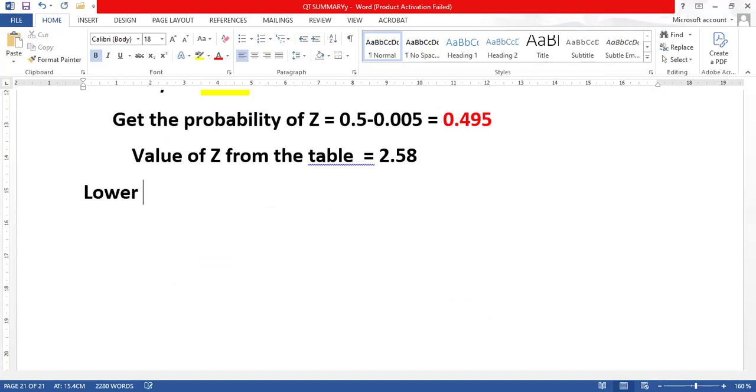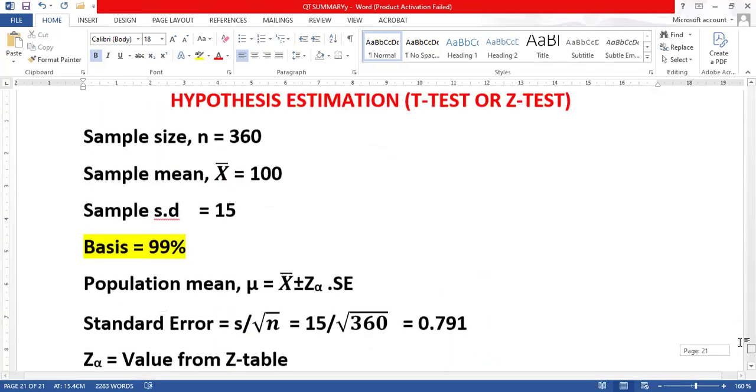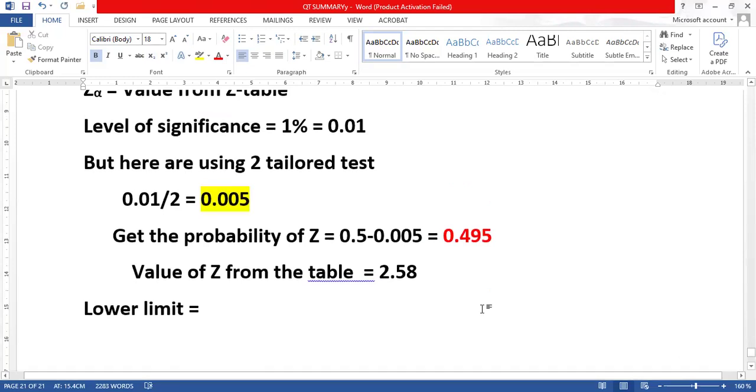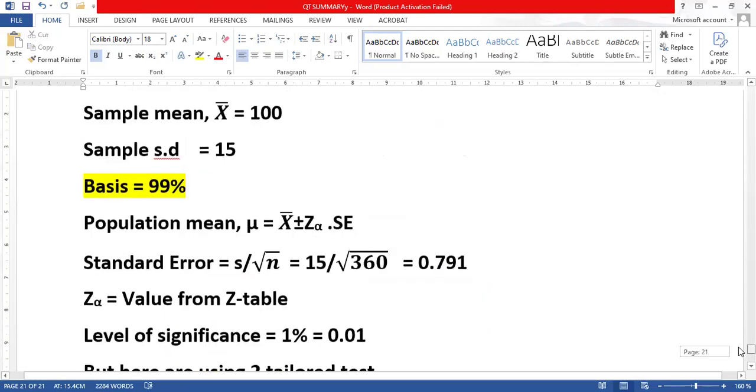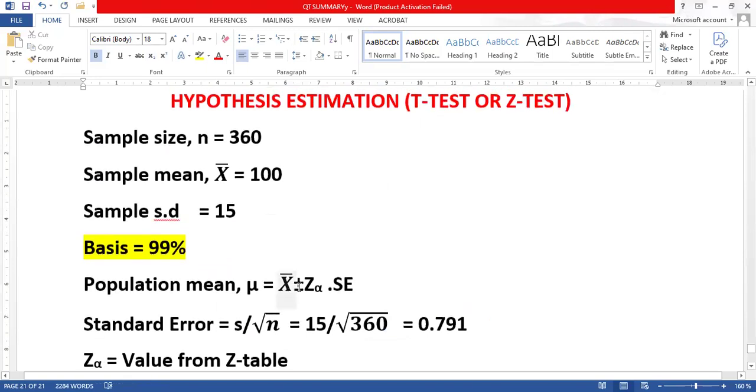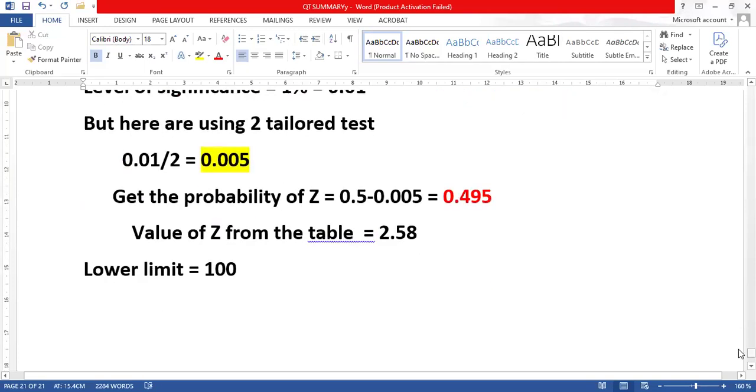Now the lower limit will be equal to the sample mean, which is 100. I am following the formula. Since I'm looking for the lower limit, where I have plus or minus, I use minus. I put here minus, open bracket.